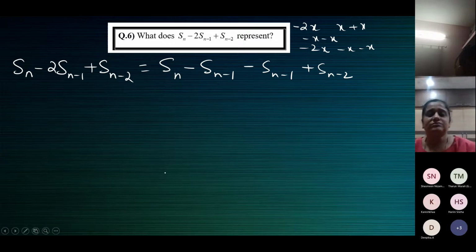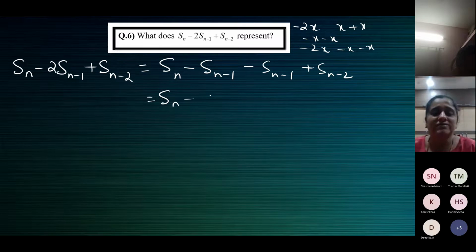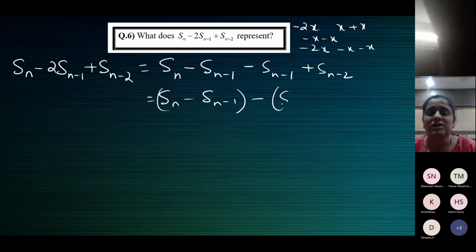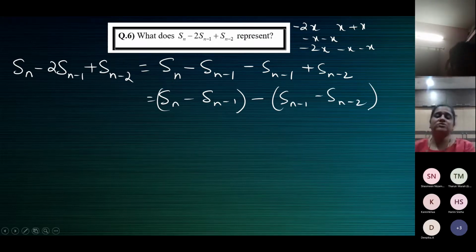Understood? Yes, ma'am. Now, Sn minus Sn minus 1 in a bracket, minus Sn minus 1 minus Sn minus 2. Understood? Yes, ma'am.